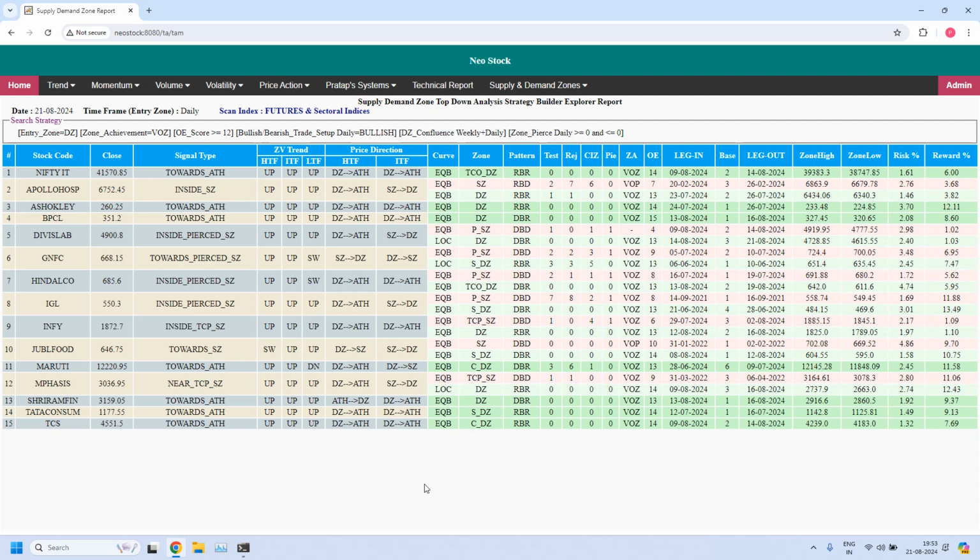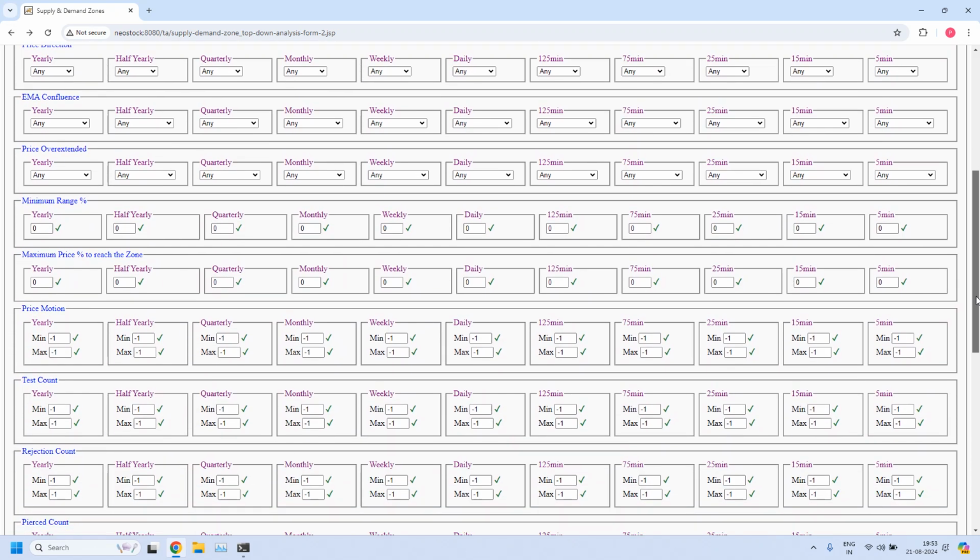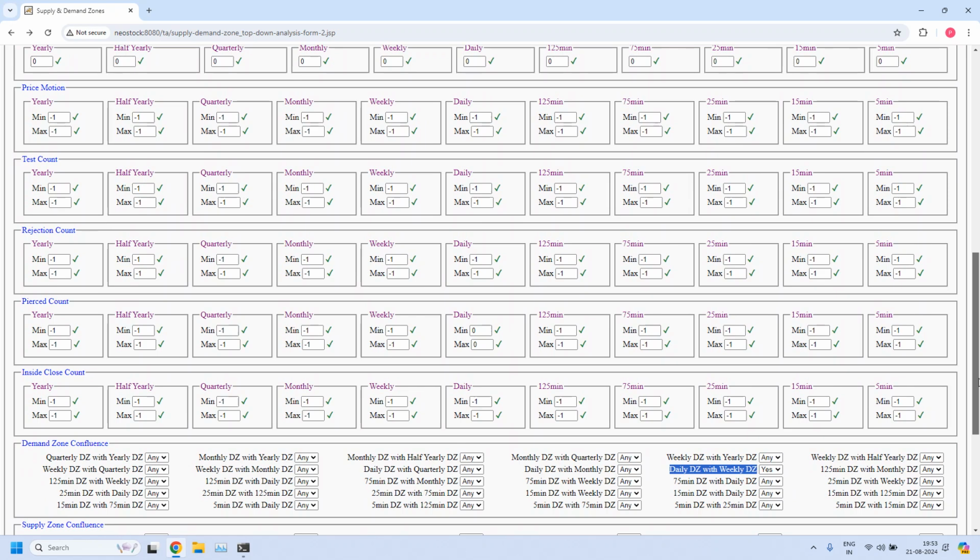Now we will verify any of these stocks are having confluence with even HTF time frame. So daily demand zone confluence with monthly we are enabled, and also weekly demand zone with monthly demand zone also enabled.